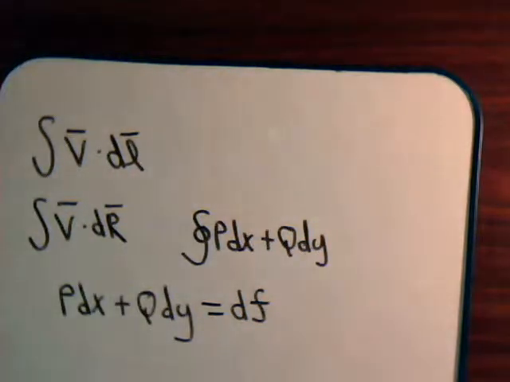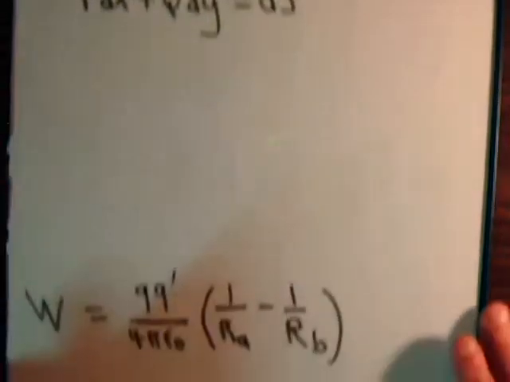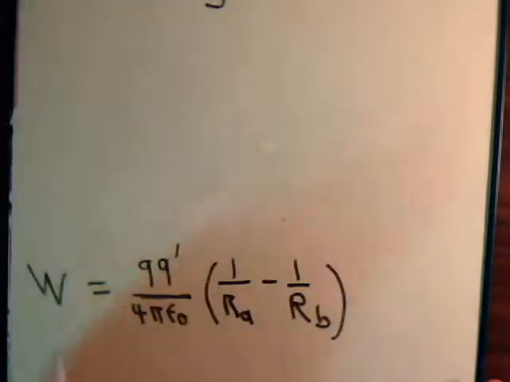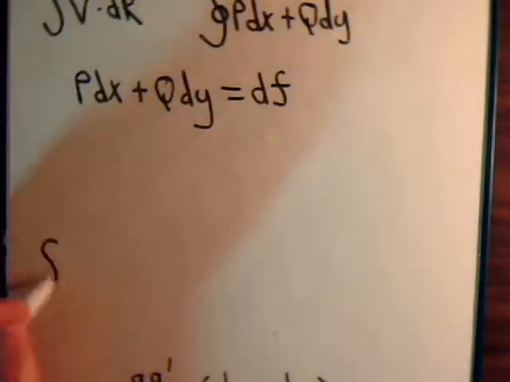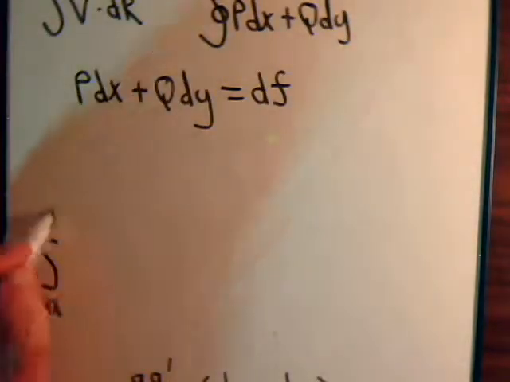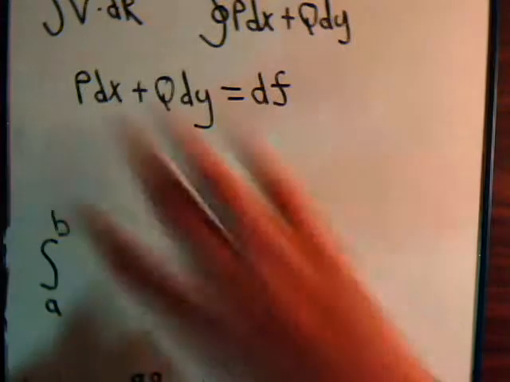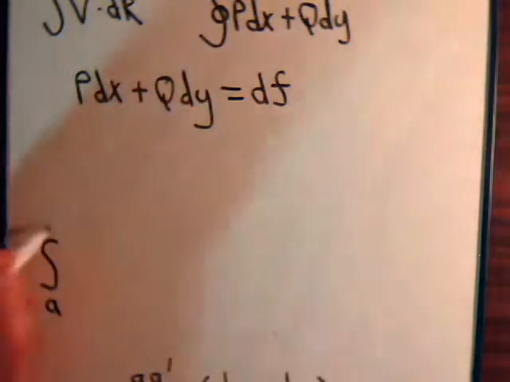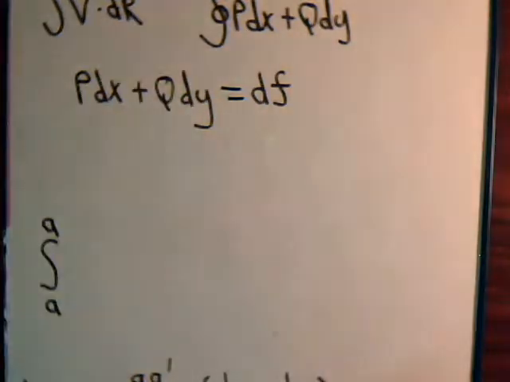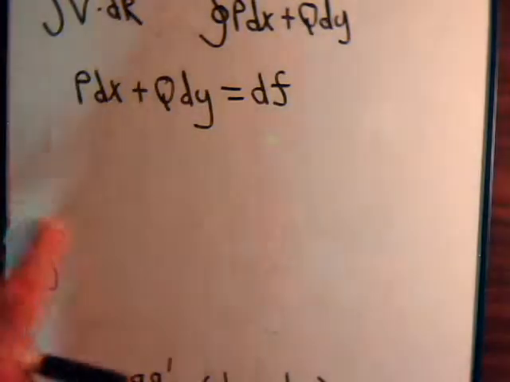And as you just saw here, if we had calculated the work going not from A to B, but from A to A, where you have 1 over RA minus 1 over RA, the work is 0.